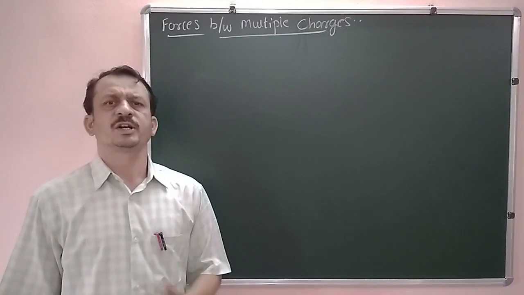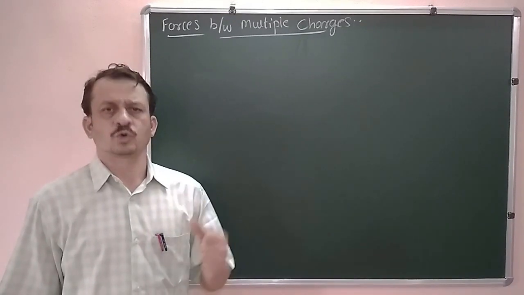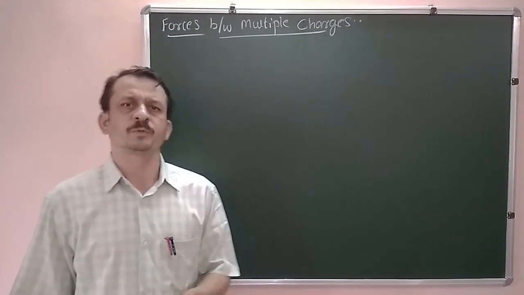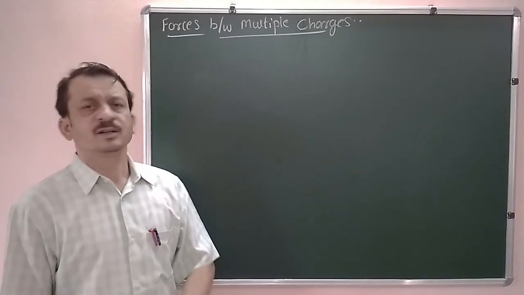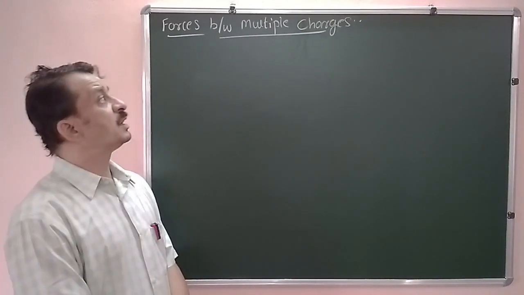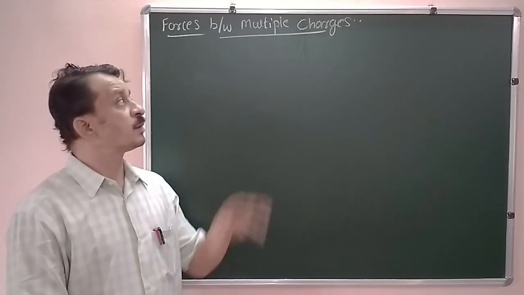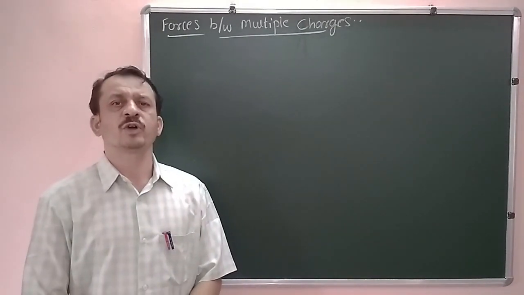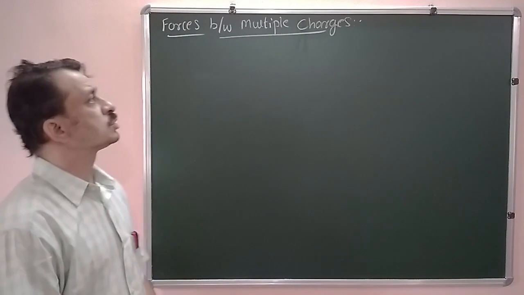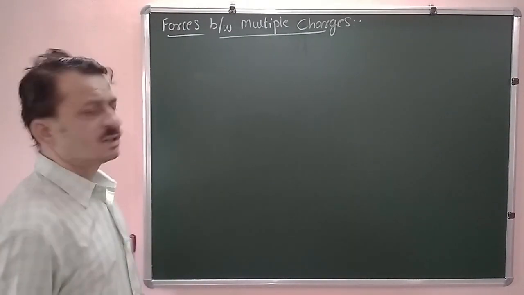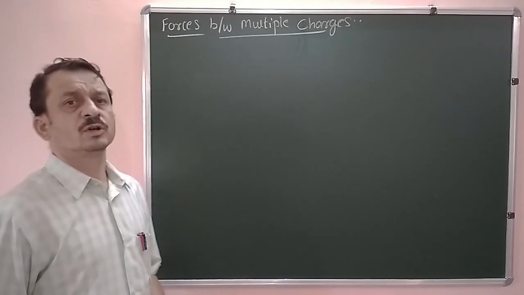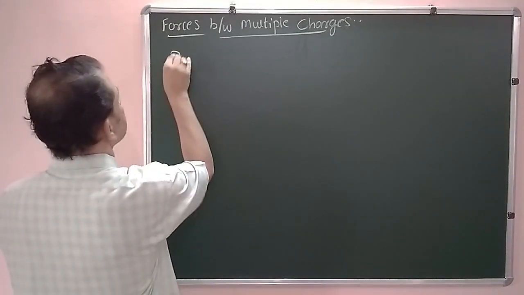Now we have studied the electrostatic force or Coulomb force between 2 point charges. Now we are going to study force between multiple charges. If there are more than 2 charges, how are we going to work out the force among them? For that, we are going to make use of the principle of superposition.